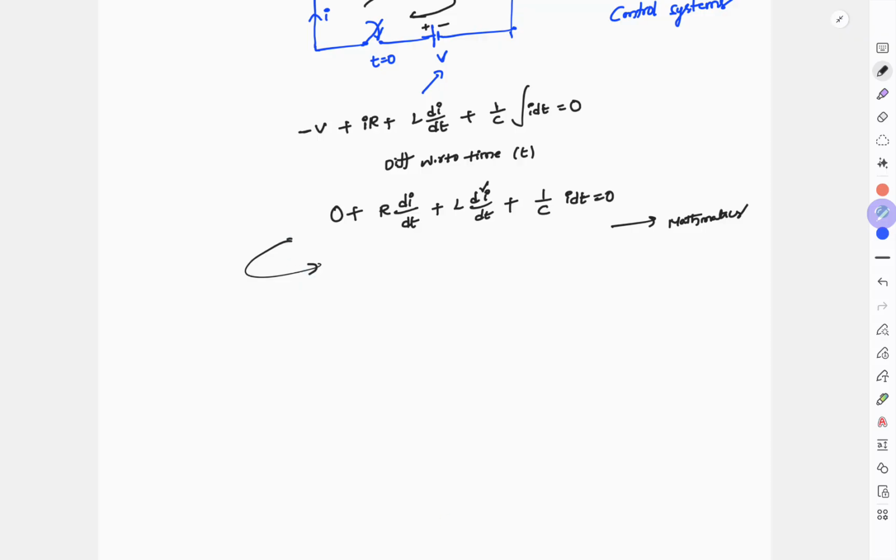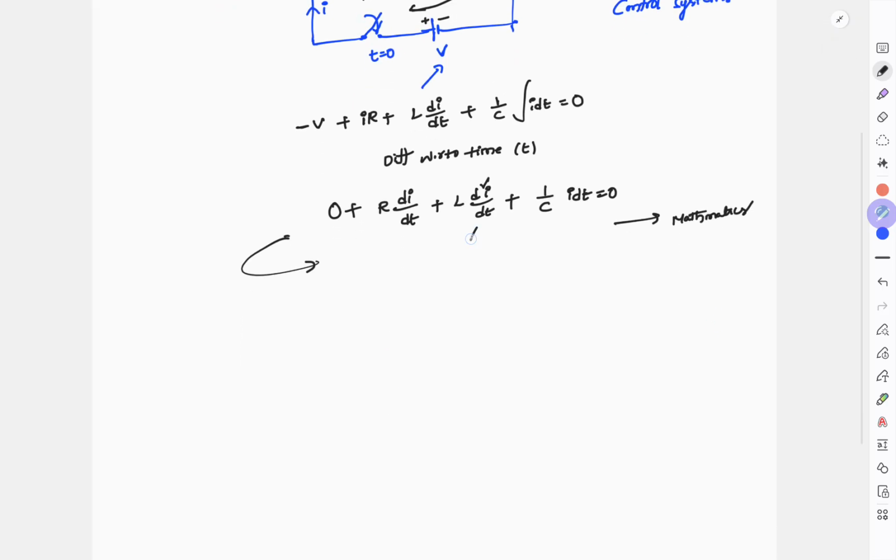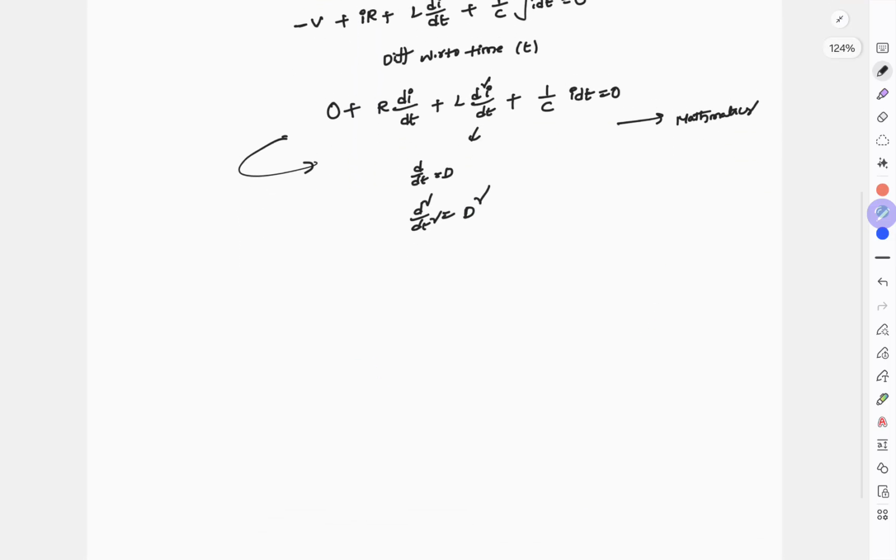This is basic mathematics, I'm just converting it: d by dt is D, d by dt whole squared is D square, like that. Just apply it. First take this term, L into D square into i, plus next this one, R into D into i, plus 1 by C i.